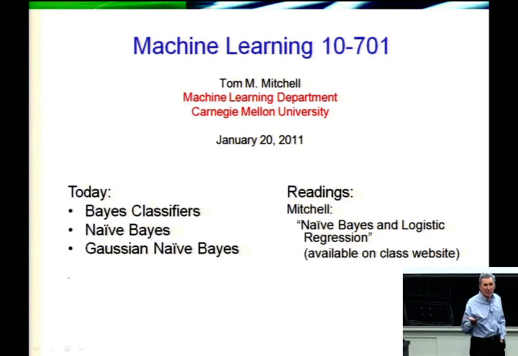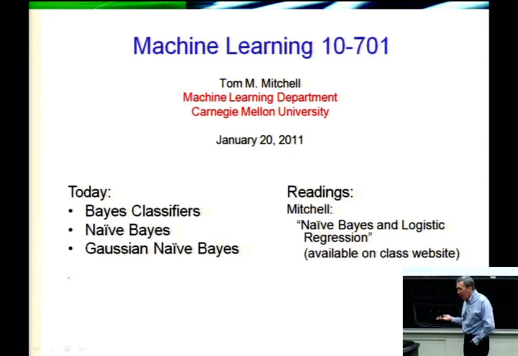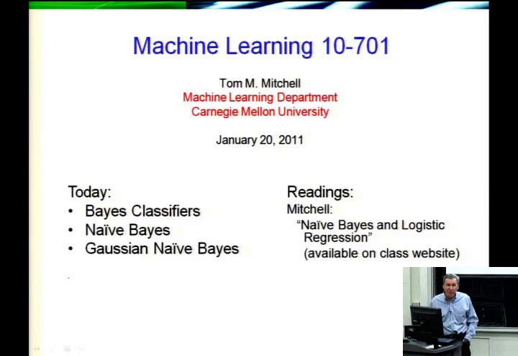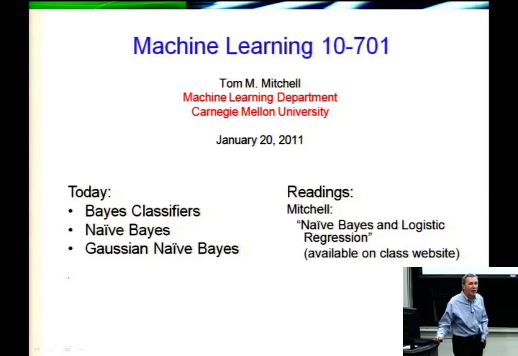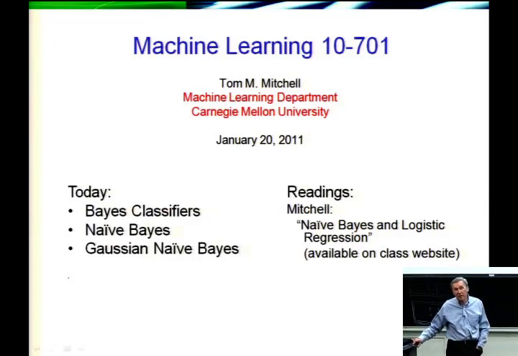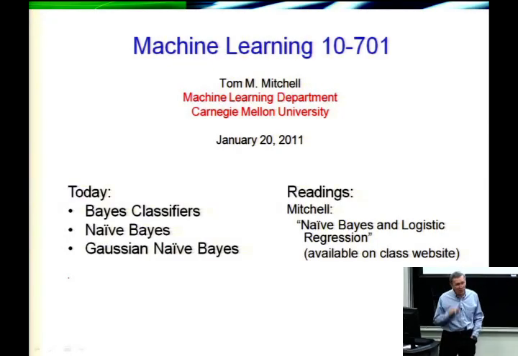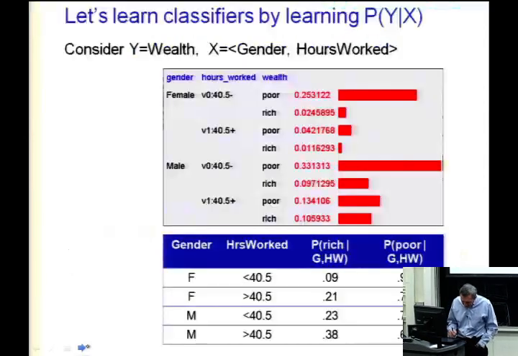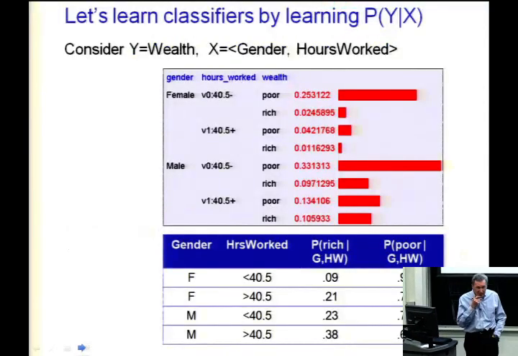But nevertheless, it turns out to be a very valuable algorithm for a lot of practical problems, including things like, well, you can train a pretty good spam filter, even with a naive Bayes classifier. So that's the goal for today. So let's jump right in.